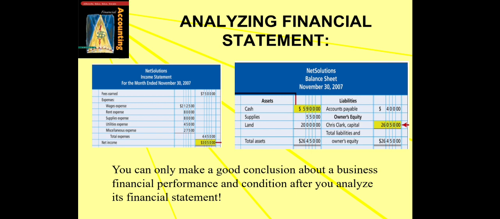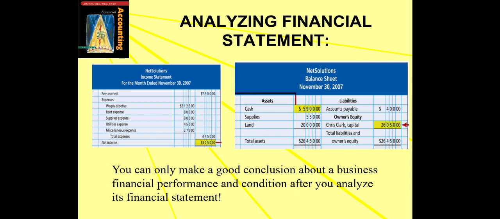Maybe the business is making profit, but it is worse compared to last year. Or the business is making profit, but it is less compared to other businesses in the same sector or industry. So that's why you have to analyze the financial statement first, and after that you can make a good conclusion.